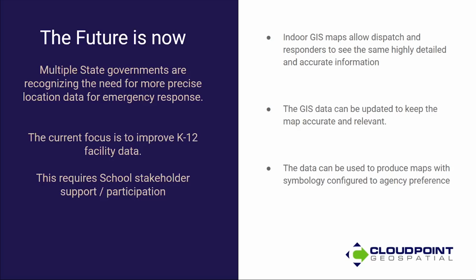Once you get that GIS data of the building itself set, then any small changes or fluctuations in the layout of the building are easily maintained within the GIS. That GIS data then can be used to produce maps with symbology configured to an agency's preference. And it just allows a lot more buy-in from the agency to see what's happening in a building in real time.